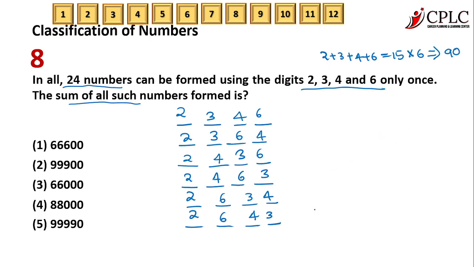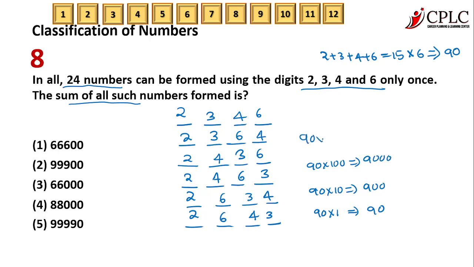And now the only thing left for us is to multiply this by place values. So 90 at the units place will remain 90. At the tens place, into 10, that is 900. At the hundreds place, into 100, so 9000.